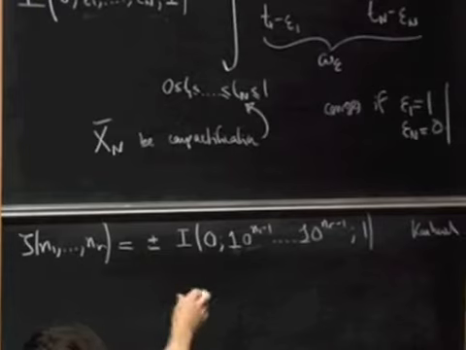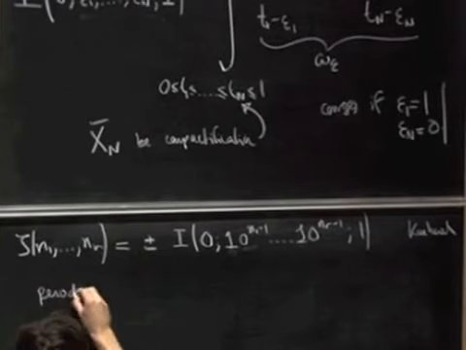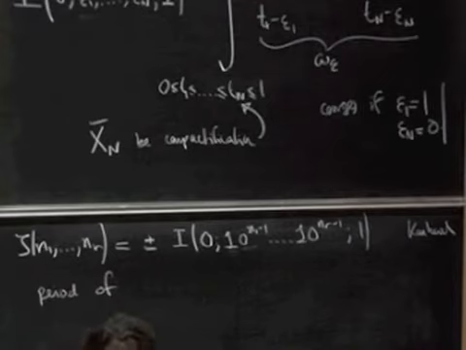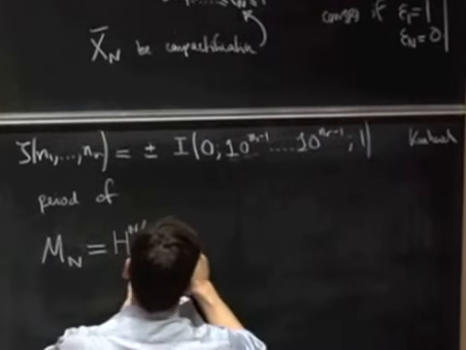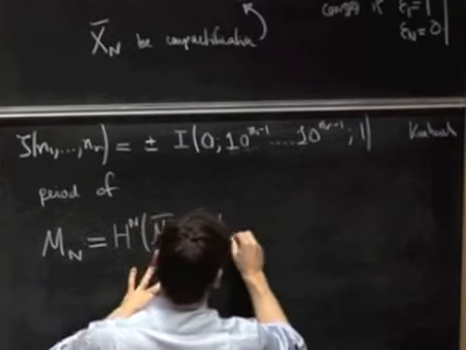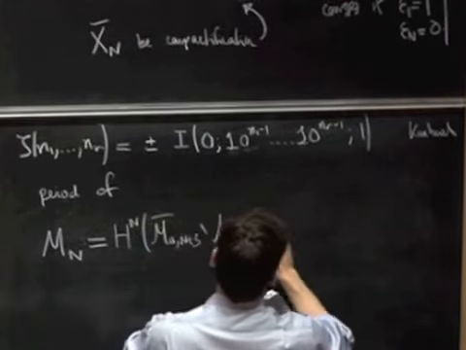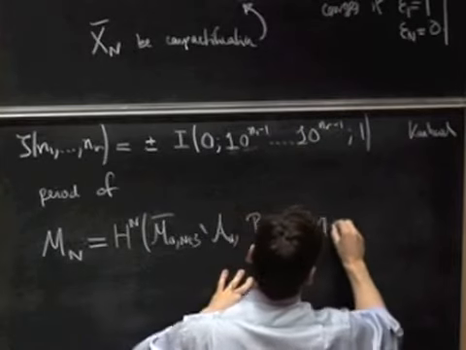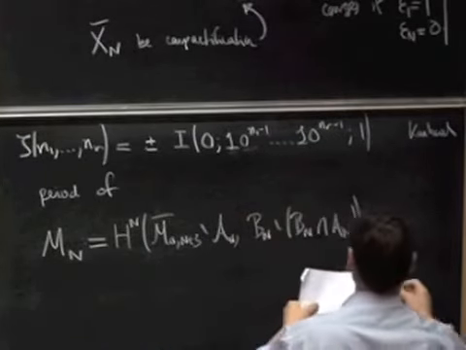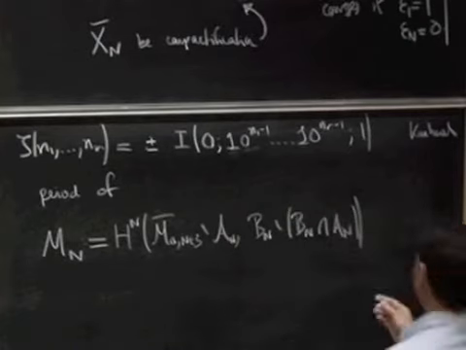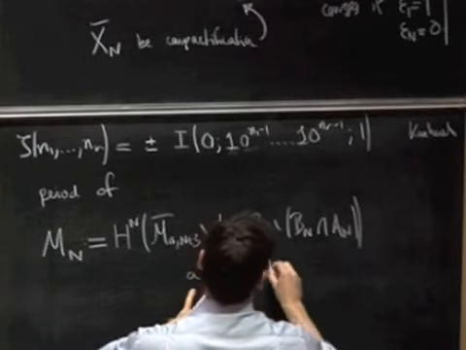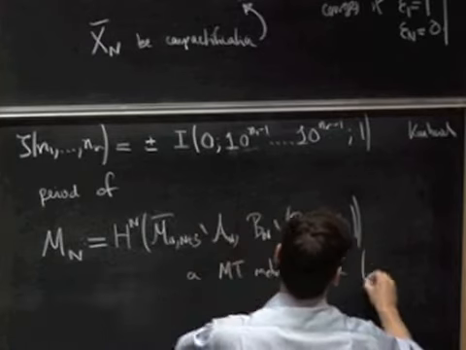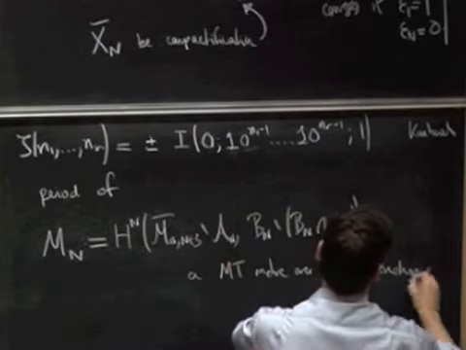And the upshot is that this number is a period of a certain motive I'll call Mn, which is Hn of M0 n plus 3 bar minus A relative to, An relative to Bn minus Bn intersect An. And so it was proved by Goncharov and Manin that this thing actually defines a mixed Tate motive over Z, whatever that is.